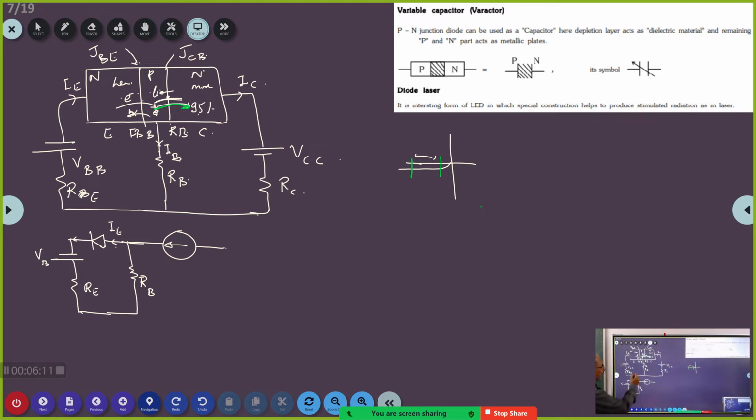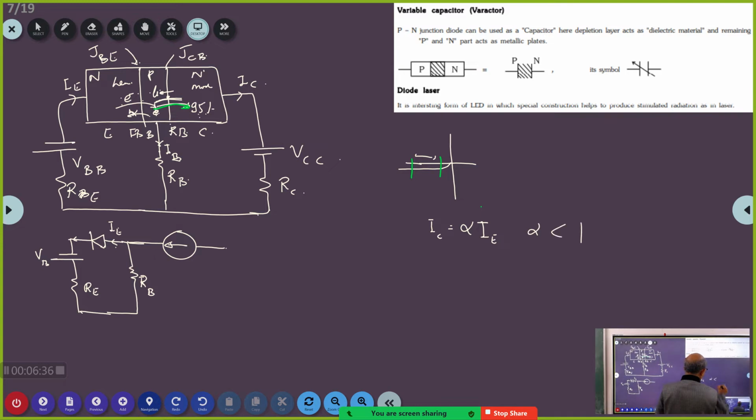Now, I told 95% of this IE will be here. That means IC will be a fraction of IE. So I write it as alpha times IE. And alpha is less than 1. Agree? Yes, sir. Alpha times IE.